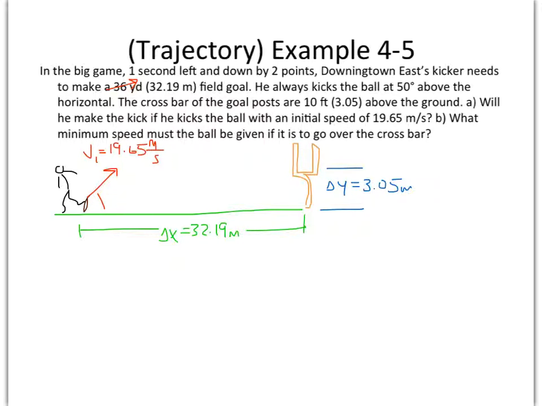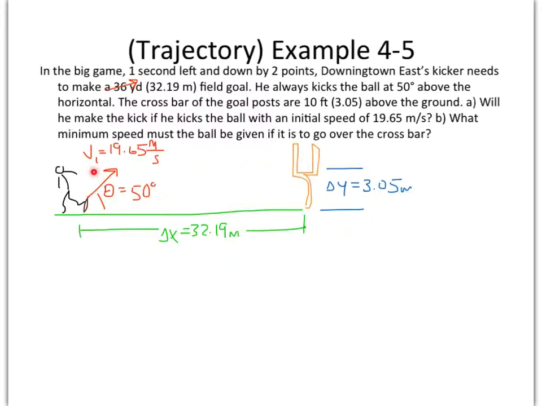Theta equals 50 degrees above the horizontal. I asked a kicker if they always kick at the same angle, and the answer was no. It depends on how far away you are from the goalpost. But let's just pretend this kicker is super precise and always kicks at the same angle, 50 degrees, okay?